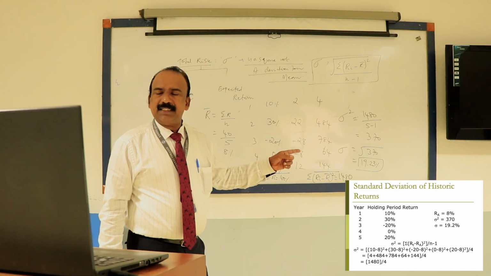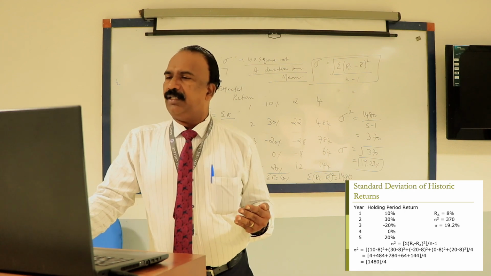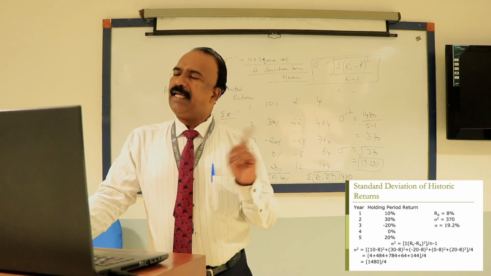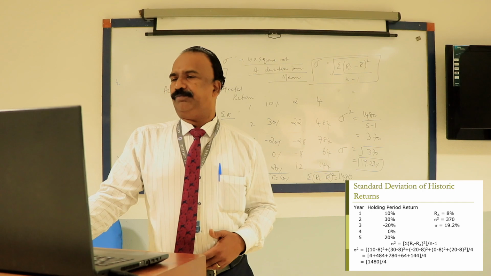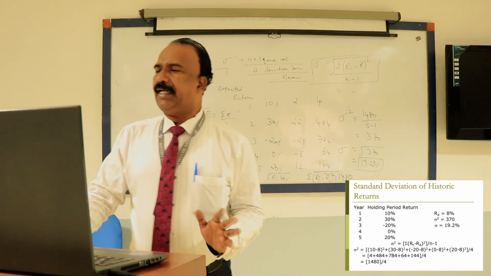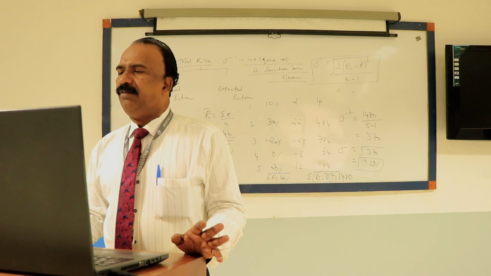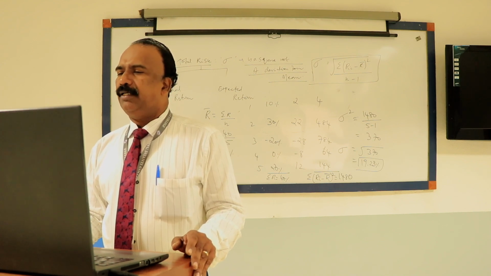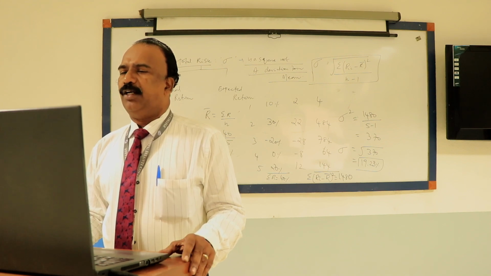And to get the variance, the sum of the square of deviations divided by n minus 1 will give you the variance. If you take the square root of variance, that will give you the standard deviation. Any clarification with regard to steps? All of you understood?